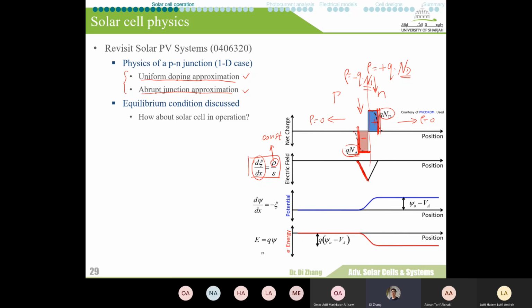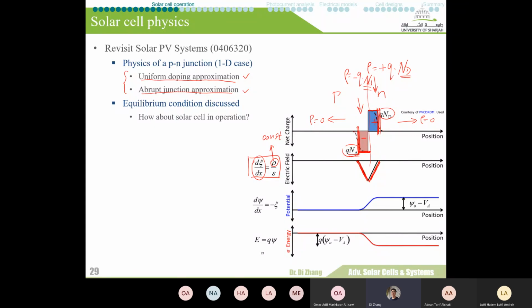So on the p-type side, it's going to show a negative slope because actually we have a negative constant space charge. Okay, on the other side we have a positive slope for the electric field because the space charge is a positive constant.